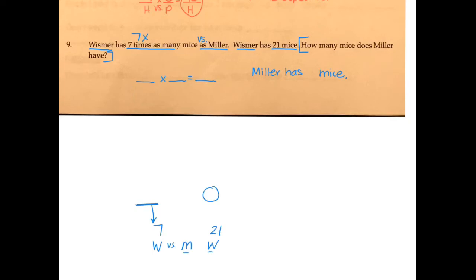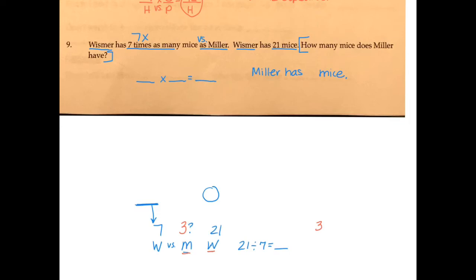And you either know 7 times 3 is 21, or you need to be doing 21 divided by 7 equals. And so you end up determining that Miller is 3. That's why these labels are important. If you don't label, then you might have put 21 in the wrong spot. All right, so Miller has 3 mice.